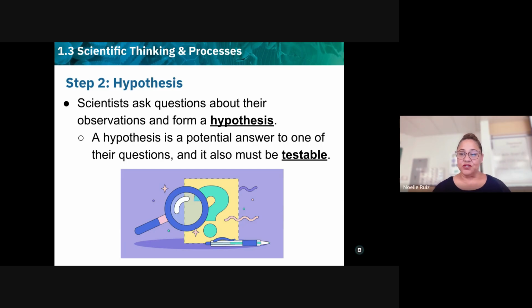And a key to a good hypothesis is it must be testable, because the next step in the scientific method is to test it. And so they will ask a question, they will say, I think this is a logical answer to that question. Let's test it out.